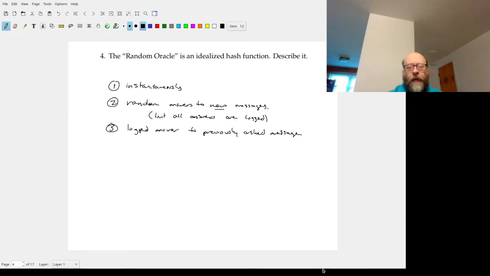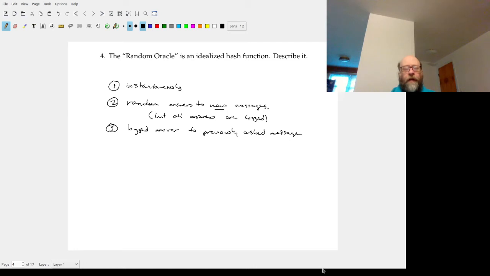If the algorithm really truly returned a random message, then the chance of creating a collision is just one over the number of possible digests, and if that number is large, so one over the number of digests is very small, then I would just have to randomly generate a bunch of messages hoping that I created a collision.